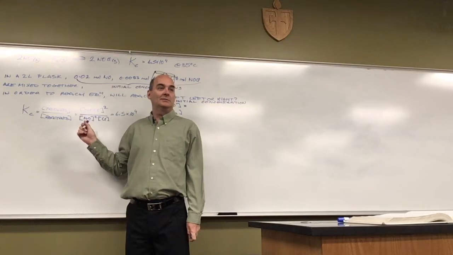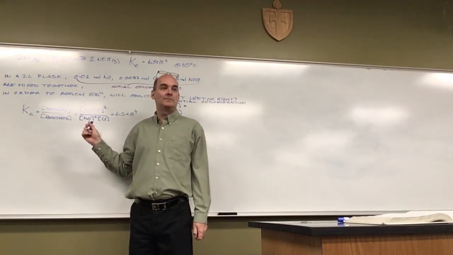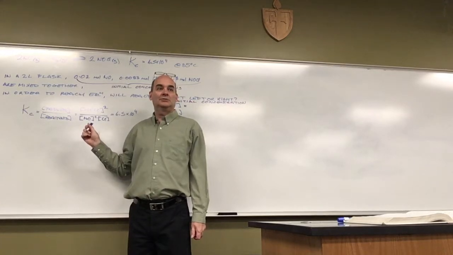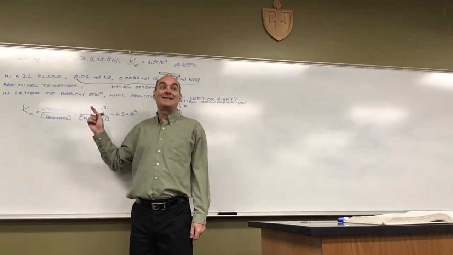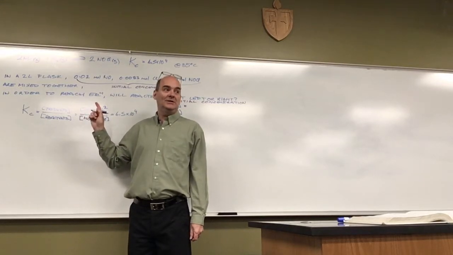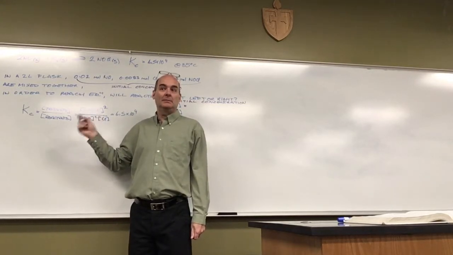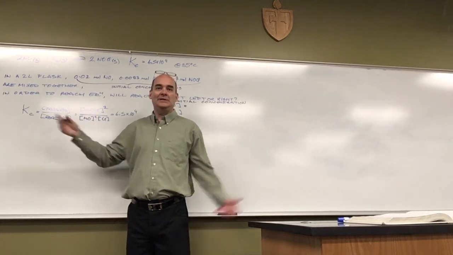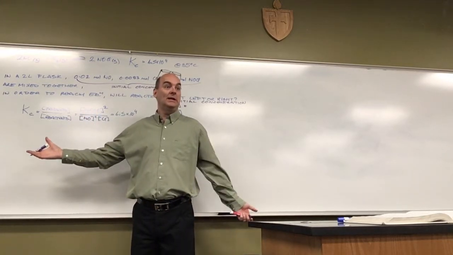Molarity is the number of moles per liter. So how many liters do I have? 2. Yeah. The vessel is 2 liters, and you've got a gas in it. And gases occupy the vessel completely.